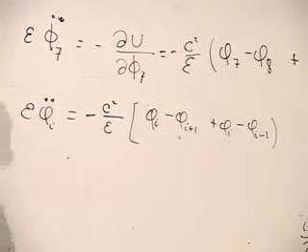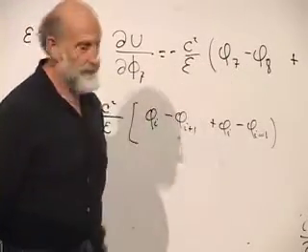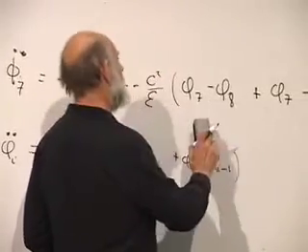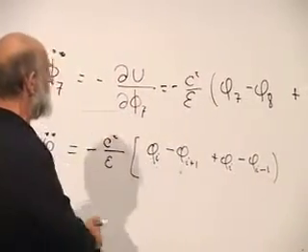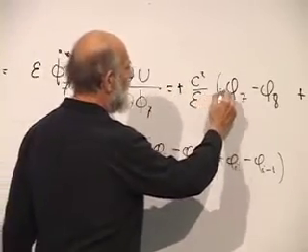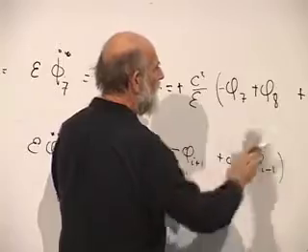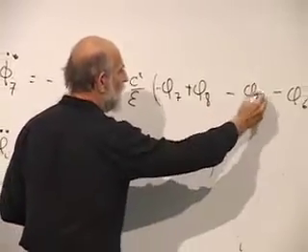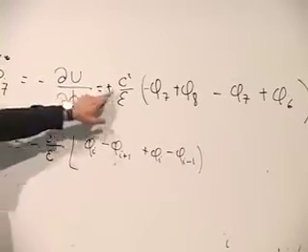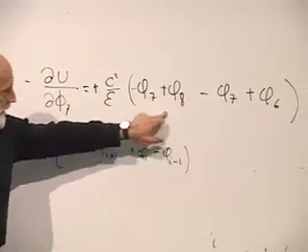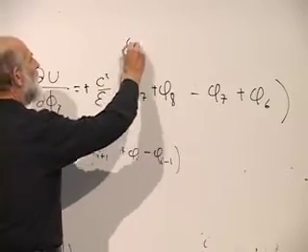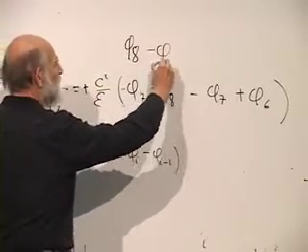Now, let me write this in a slightly different form. Let's change the overall sign. Put a minus here, a plus here, a minus here, and a plus here. All I did was take the minus sign and bring it on the inside of the parentheses here. Now, here we have phi 8 minus phi 7.